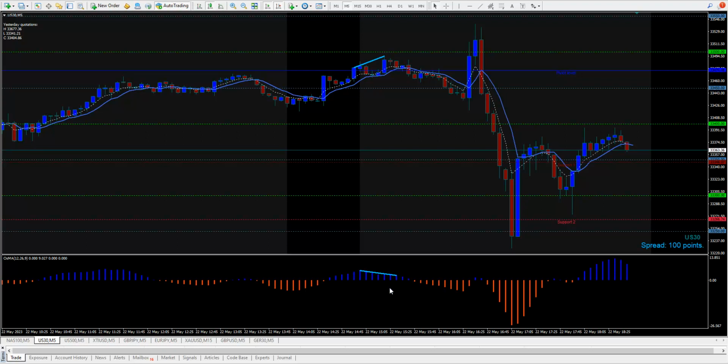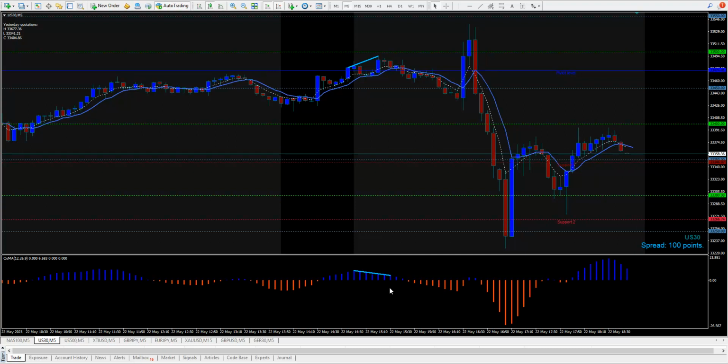Every time I say the indicator of choice, what I'm referring to is a lot of people use MACD. Me, I don't like it. I think the OSMA blows away the MACD. A lot of people use RSI or other squiggly wiggly line indicators that I don't use. All they do to me is confuse me.